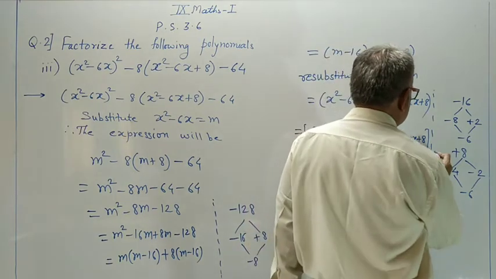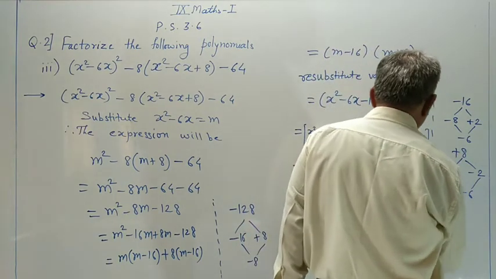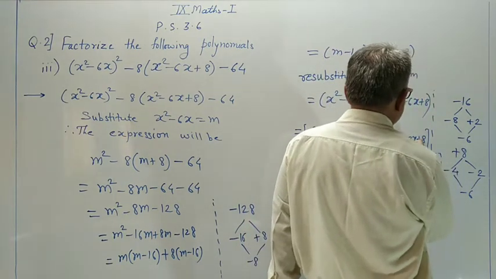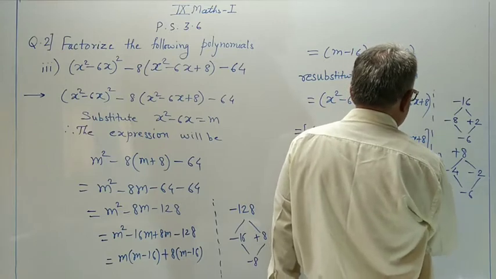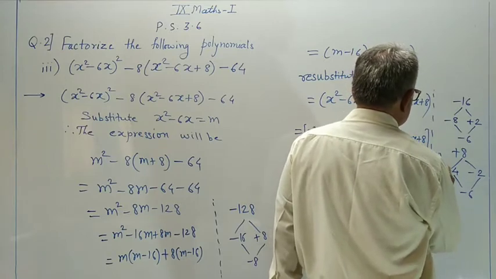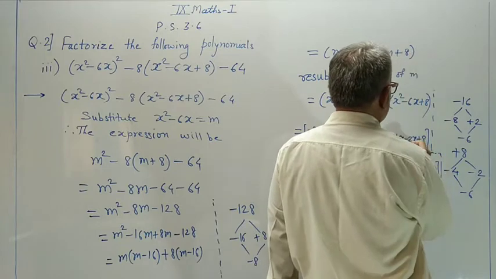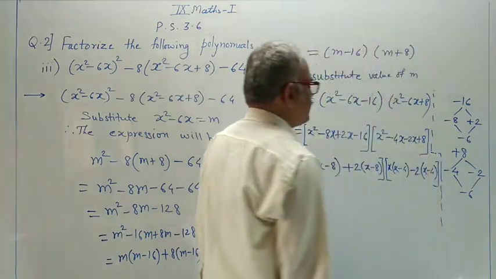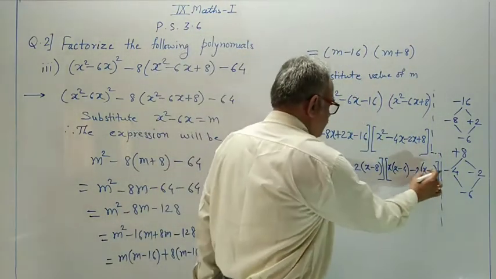What is common? Minus 2 is common, minus sign common, 2 common, x − 4. When the minus sign is taken common, the sign of the 4 term changes in the bracket, so it is minus 4. Minus 2 into minus 4 is plus 8.